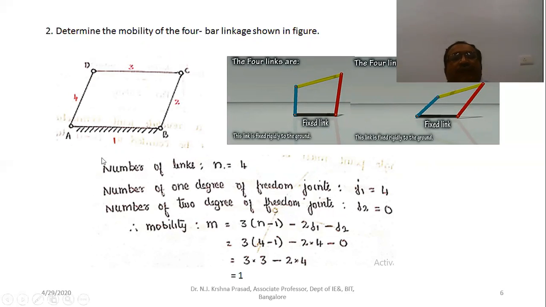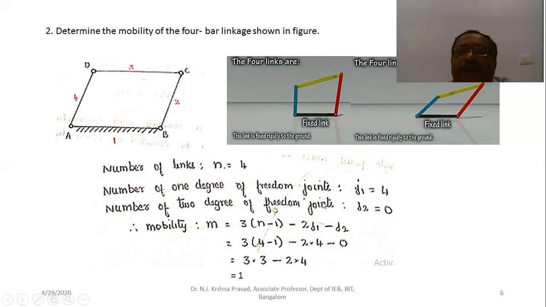So when problems are given like this, first you count how many links there are, including the frame. Here link 1 is the frame, AD is another, DC is another, CB is another. So the total number of links including the frame is 4.